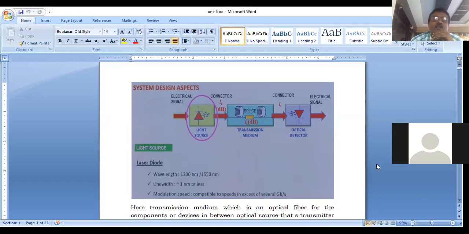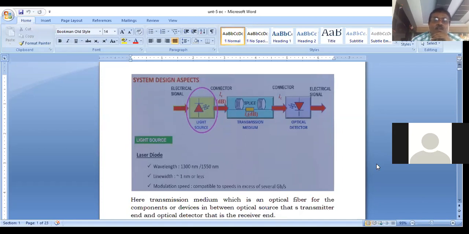So the transmission part is complete. Whatever electrical signal we give is converted into light by using the laser or LED diode. That is the transmitter section.